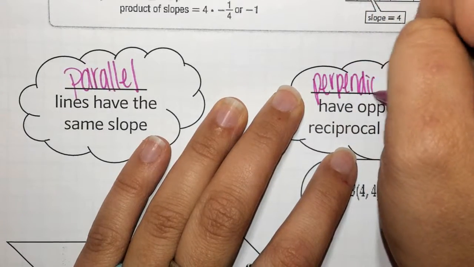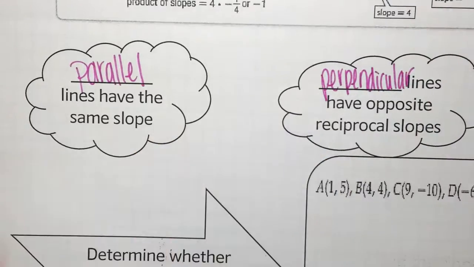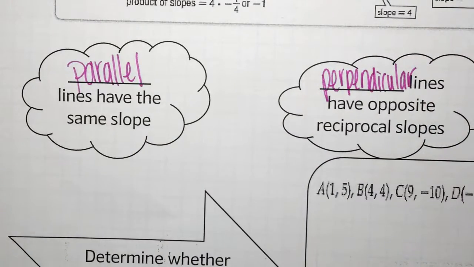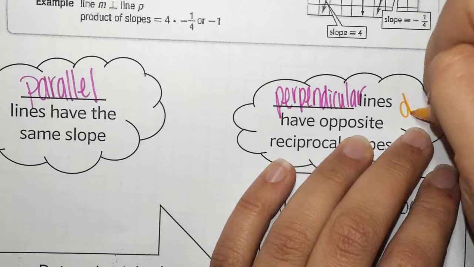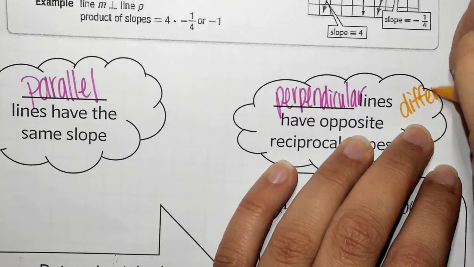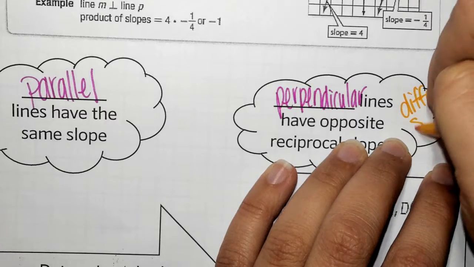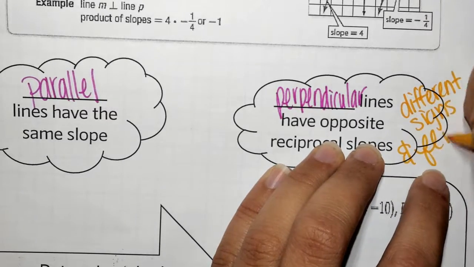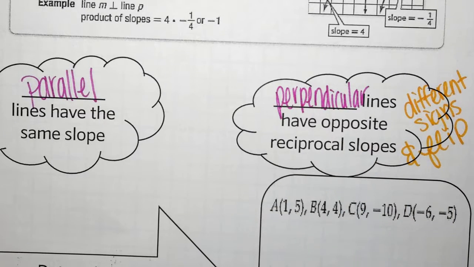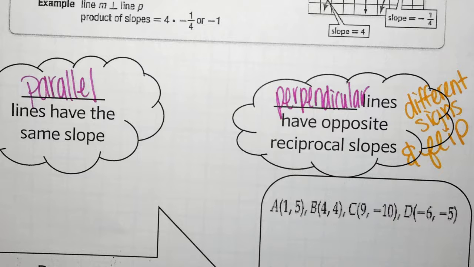Perpendicular. Opposite reciprocal means that it's different signs and you flip it. So let's write that down. Different signs and flip it. You know I say what I write, right?